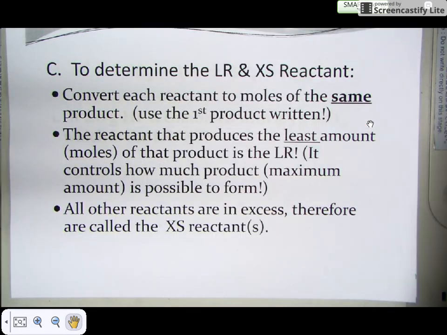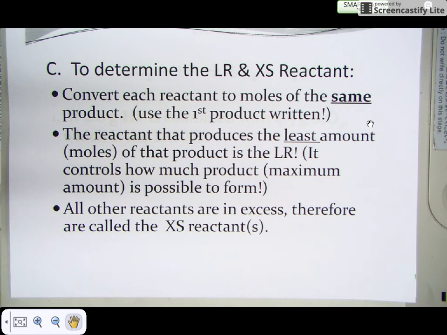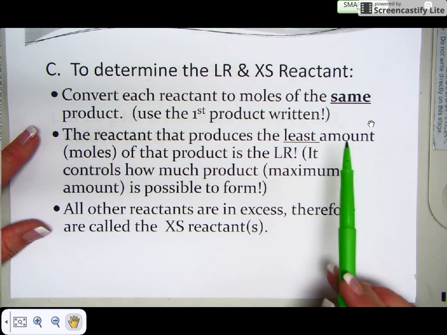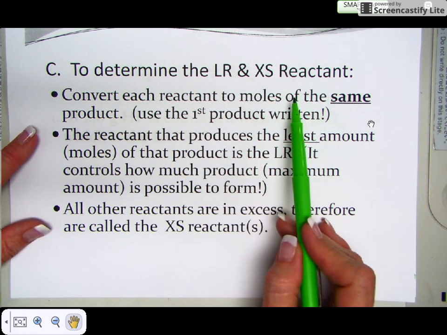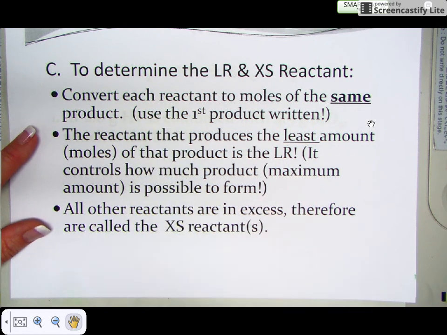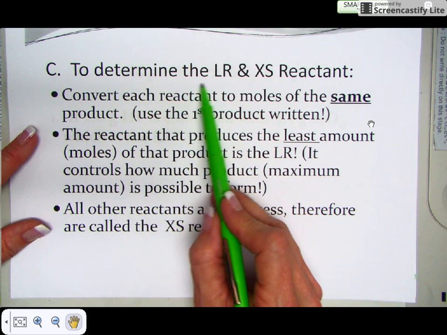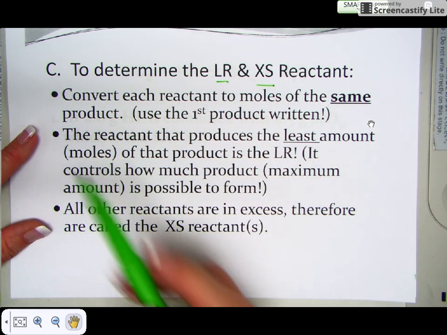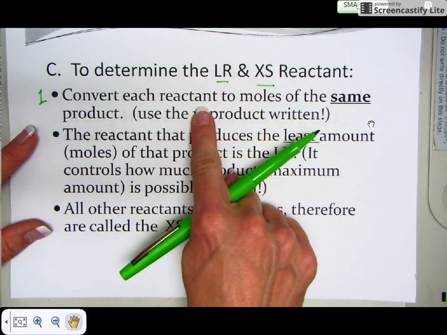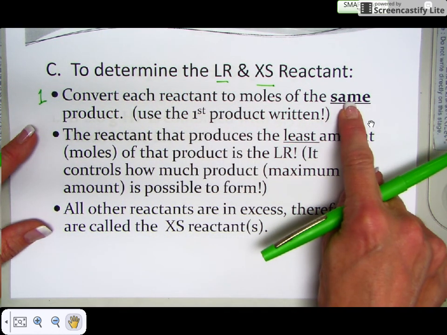Another place you want to look in case you get stuck is this slide of the notes. So we already looked at the steps to determining your limiting and your excess reactant. To make this simple, I've given you 3 little steps to follow. When you're asked to determine who the limiting and the excess reactants are, what you want to do first of all is convert each reactant to moles of the same product.